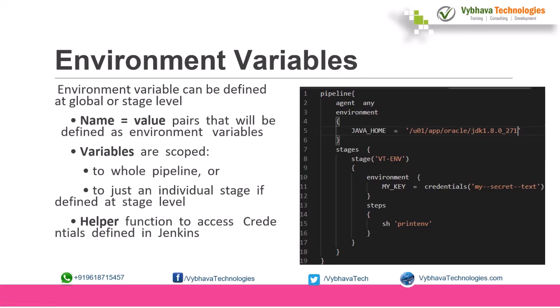When we are integrating with GitHub or Bitbucket, usernames and passwords will be used for private repositories. When you have a private repository, you have to provide the username and password, or you can give the public key and private key. That key we can define and use in one particular stage. That will come into this pipeline using the helper function.